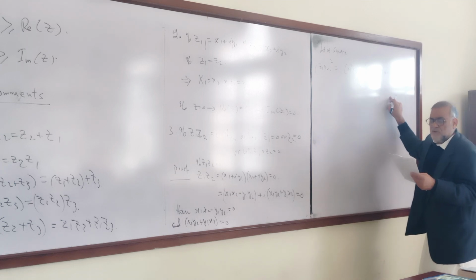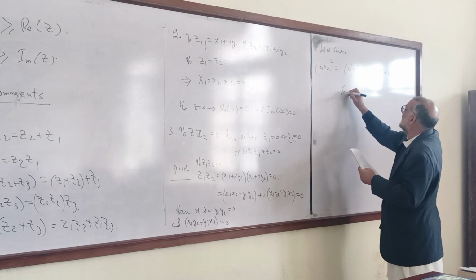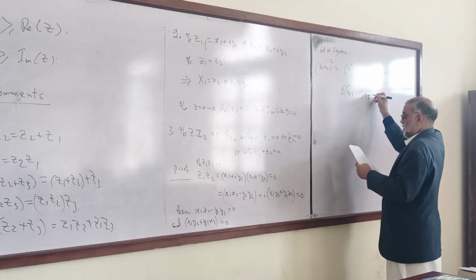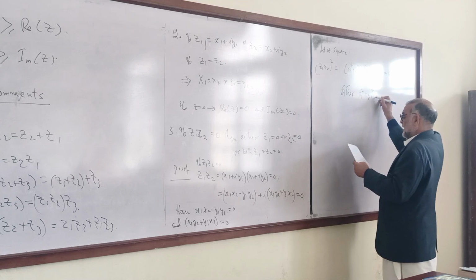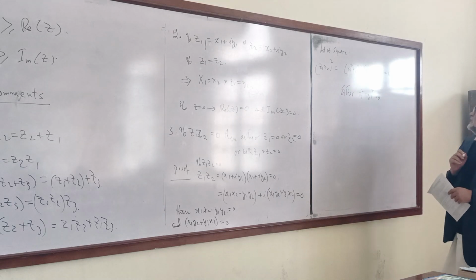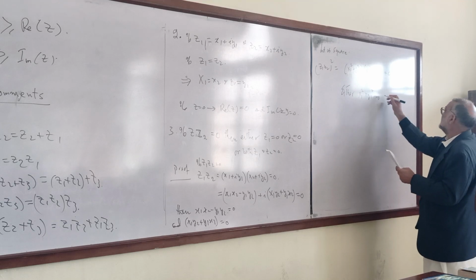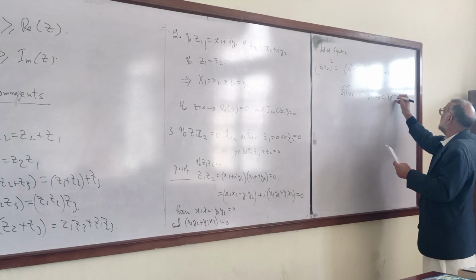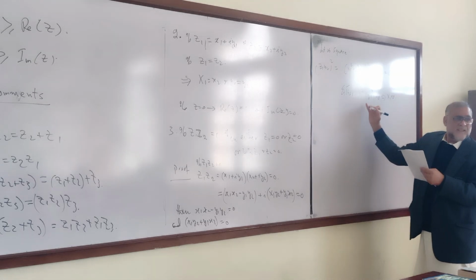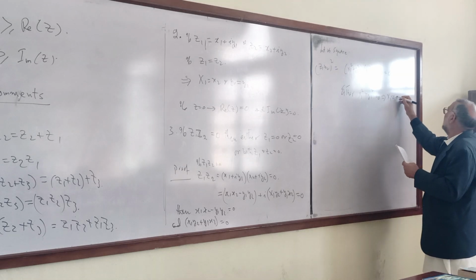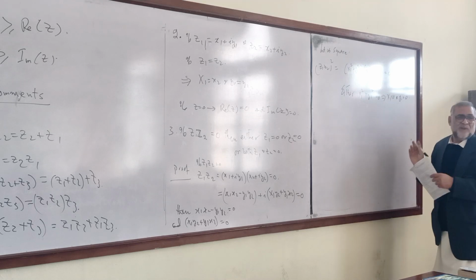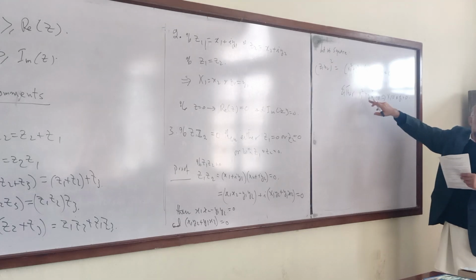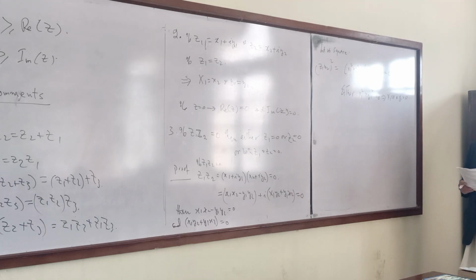Either x1 squared plus y1 squared is equal to 0, which means that x1 is equal to 0 and y1 is equal to 0, because both are squares.